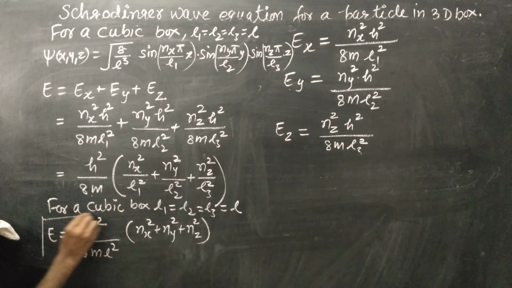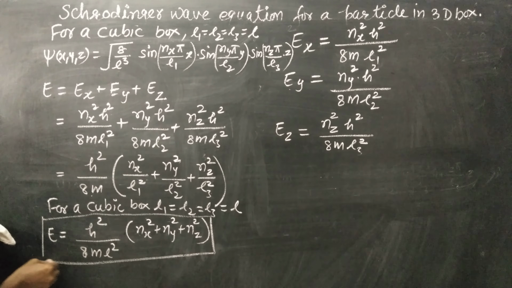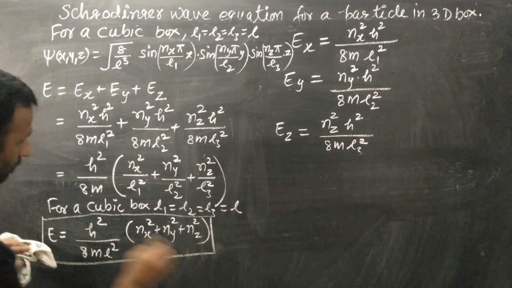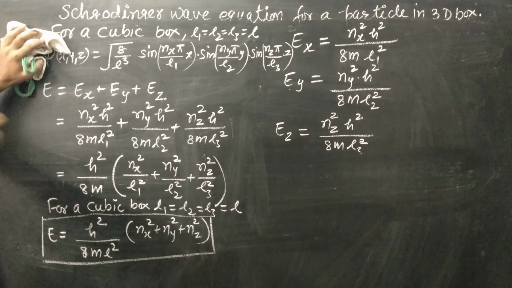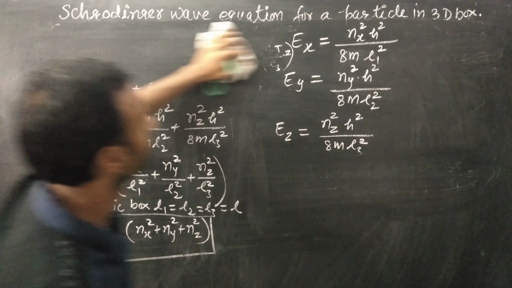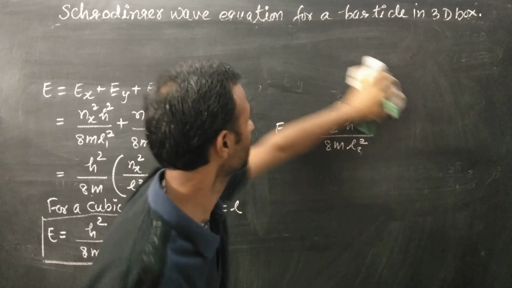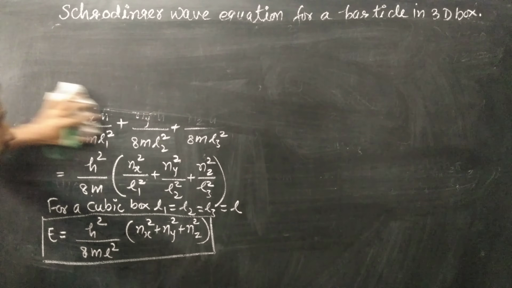So this is the value of energy for a cubic box. Okay. Now after getting this, this is the value for psi, and last the value for energy, right?